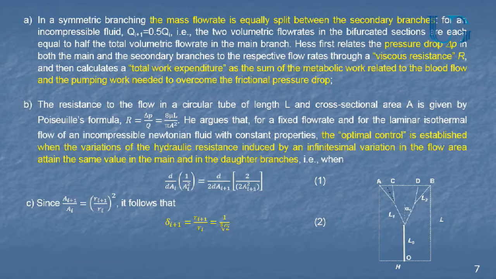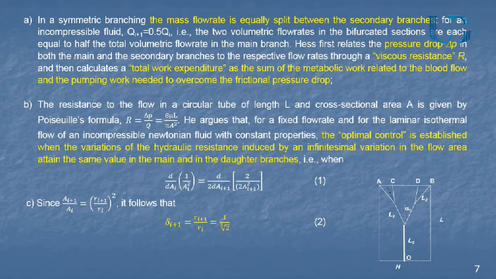He calculated then the total work expenditure, which is the sum of the pumping work, so the work that you have to use to overcome the friction, and of the volume of the blood which is in the system, because he assumed that there is a cost for the body to generate the blood and to maintain the blood.